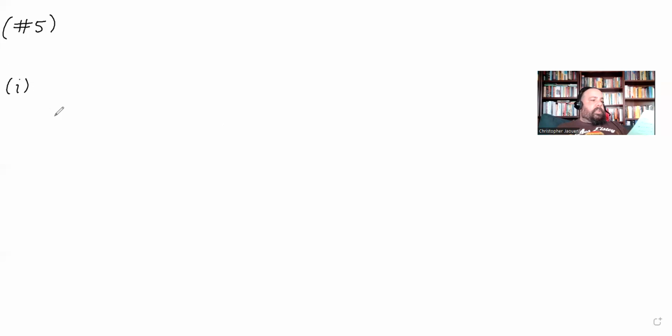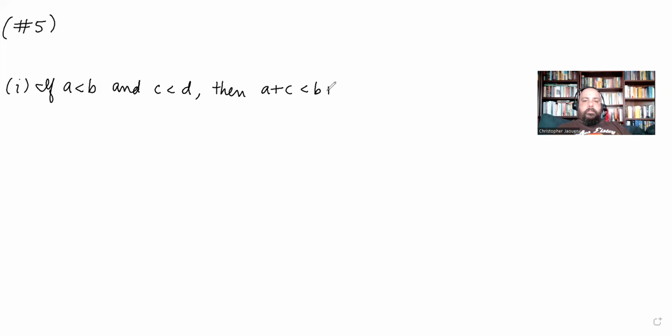So part 1 says this: if A is less than B and C is less than D, then A plus C is less than B plus D. So here's the proof. I'll do most of these with a direct proof.